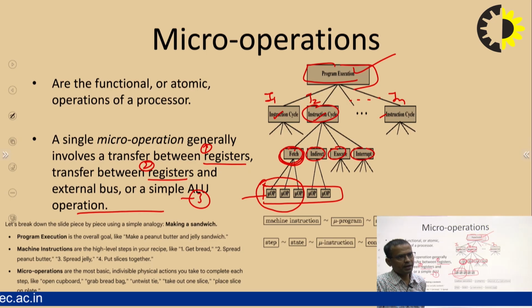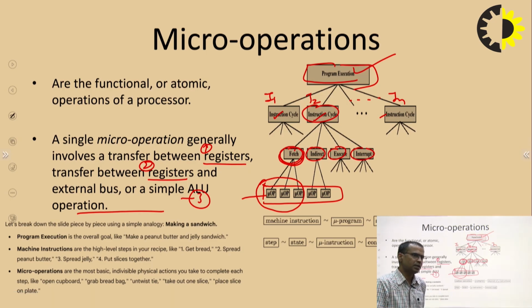Either there is a data transfer from one register to another register, or there is a to-and-fro data transfer between memory and the register, and whenever the data is received in the CPU, we finally perform some operation over there. All operations performed in the ALU are also called micro operations.